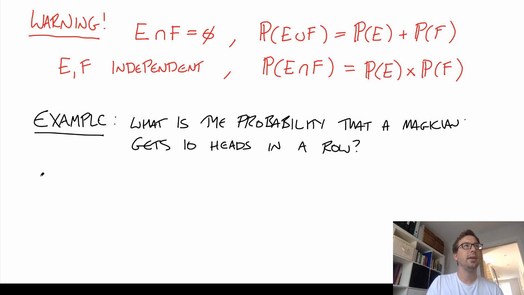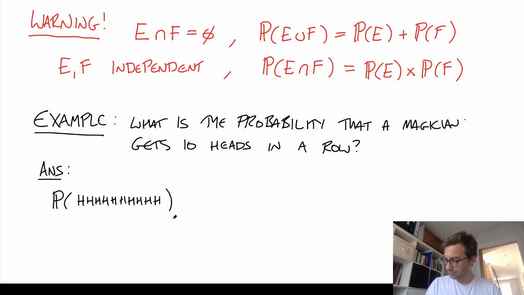So we're saying, what's the probability that I throw a coin and I get heads, and then heads, and then heads, and then heads, and then heads, and then heads, and then heads, and then heads, and then heads, and then heads. That's 10 heads in a row.